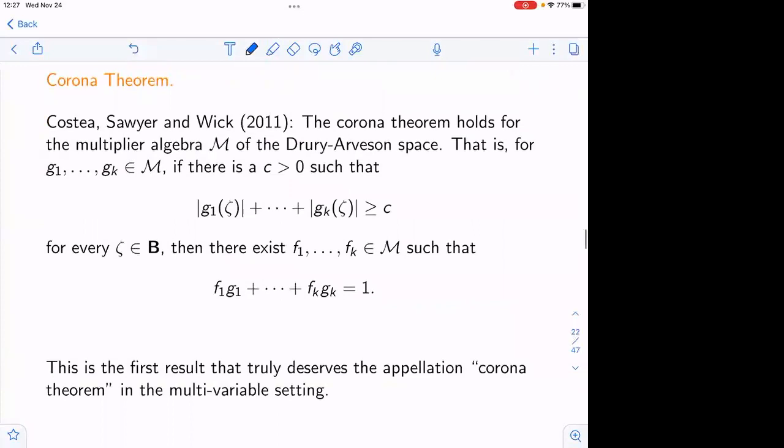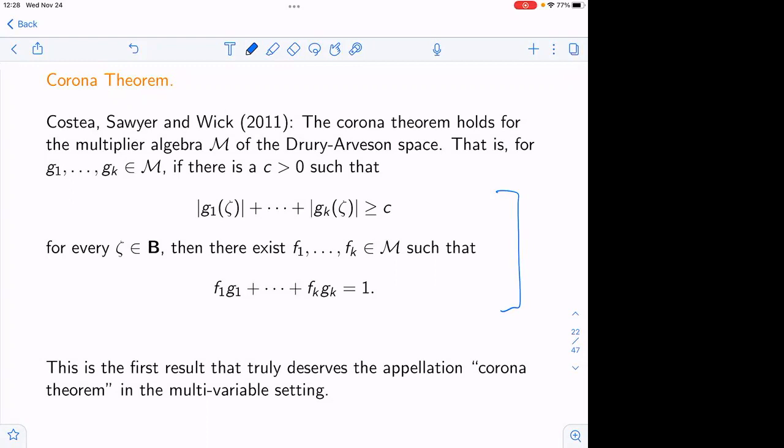Now, the corona theorem is actually one of the success stories of Drury-Arveson space. In 2011, Costea, Sawyer, and Wick proved the corona theorem for the multiplier algebra of the Drury-Arveson space. It's this statement here. I'm sure most people are familiar with what the corona theorem is.